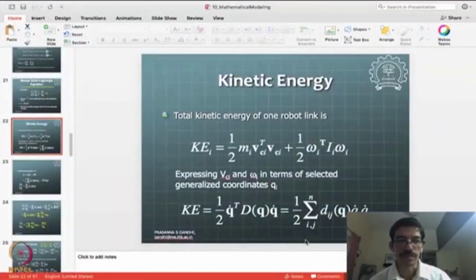Just pause for a while, and you start using this kinetic energy expression and deriving some terms in the Lagrange formulation. We'll come to that immediately.